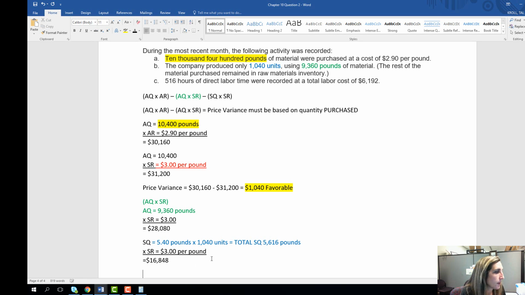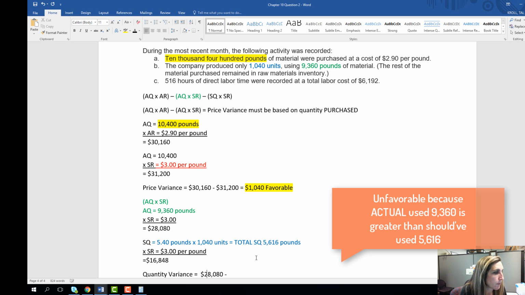So then when I want to calculate my quantity variance, I will take the $28,080 and subtract, which was my actual quantity multiplied by my standard price, but that was the actual quantity used. I will compare that $28,080 to the $16,848 that I should have paid.